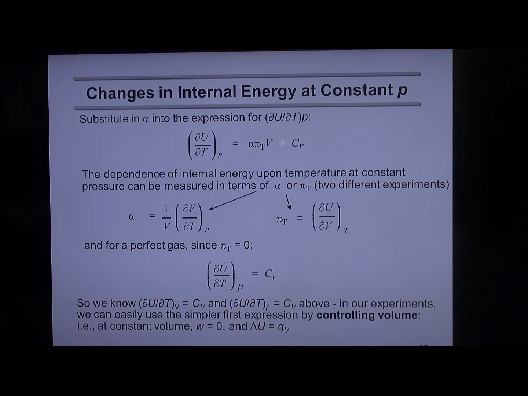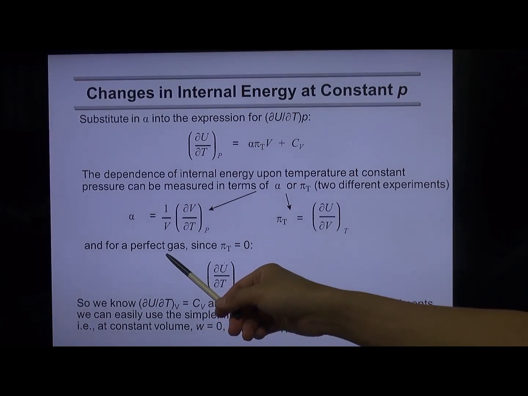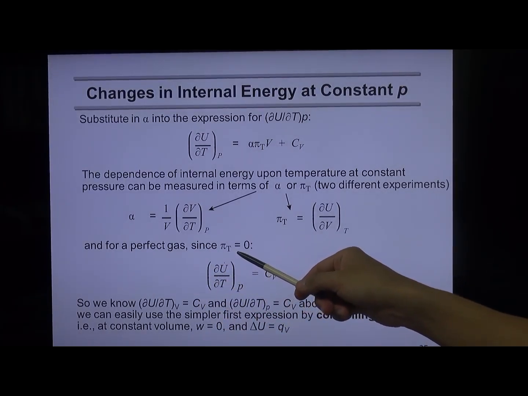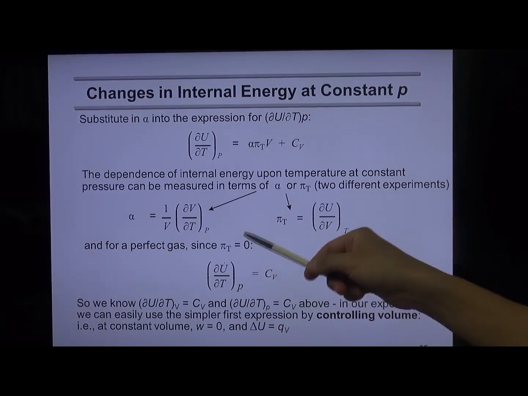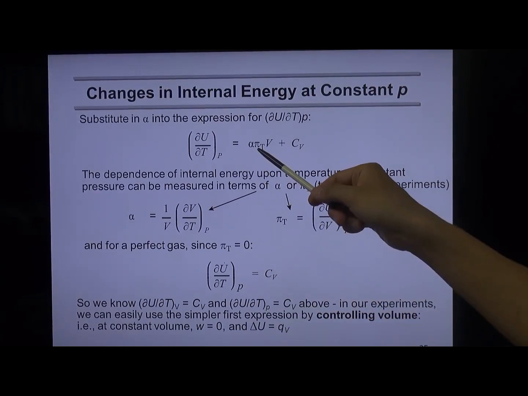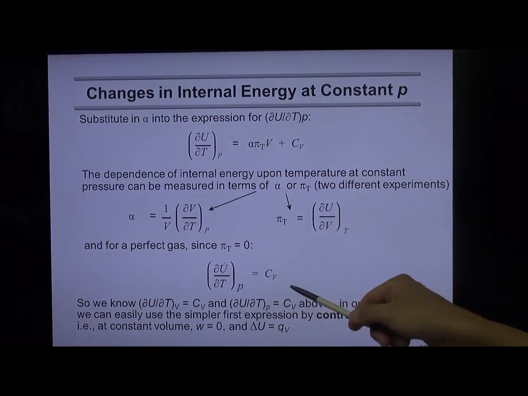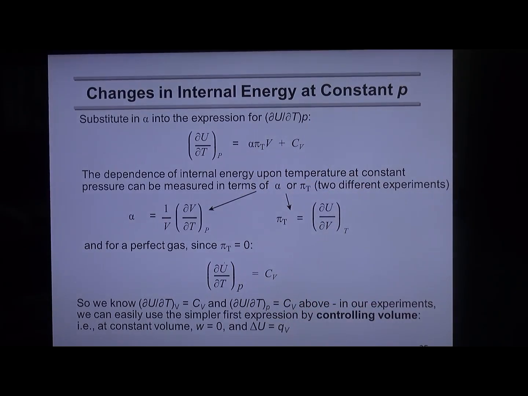Let's consider a simple case. How about for a perfect gas? For perfect gas, internal pressure is 0. Okay, remember? Internal energy does not change as a function of volume. So if you put 0 here, then you get this one. Round U round T at constant pressure is C_V. Oh, you remember that round U round T at constant volume is C_V.